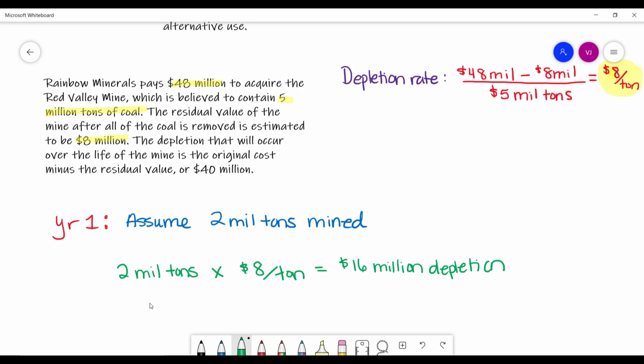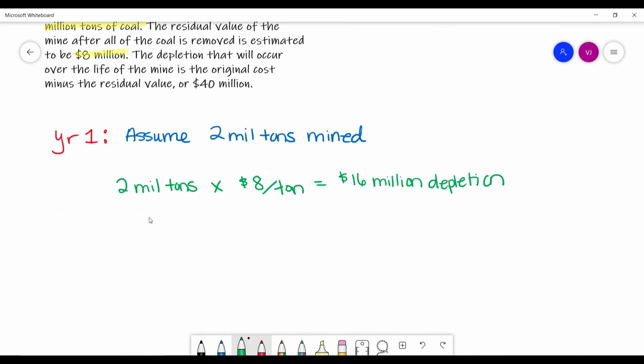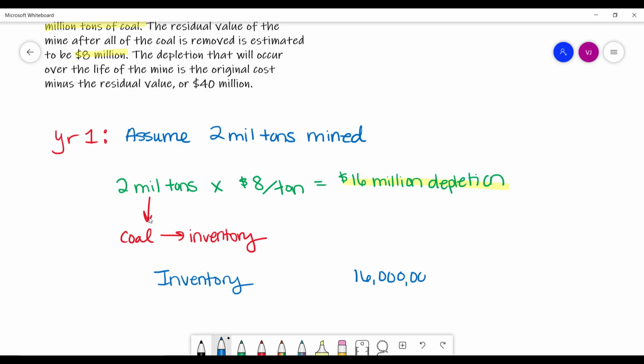Now, remember those 2 million tons of coal that you mined, that is coal that was extracted and now becomes inventory. So how are we going to record this $16 million of depletion? First, we're going to debit our inventory account for $16 million, since that's the amount in dollars of coal that was mined.